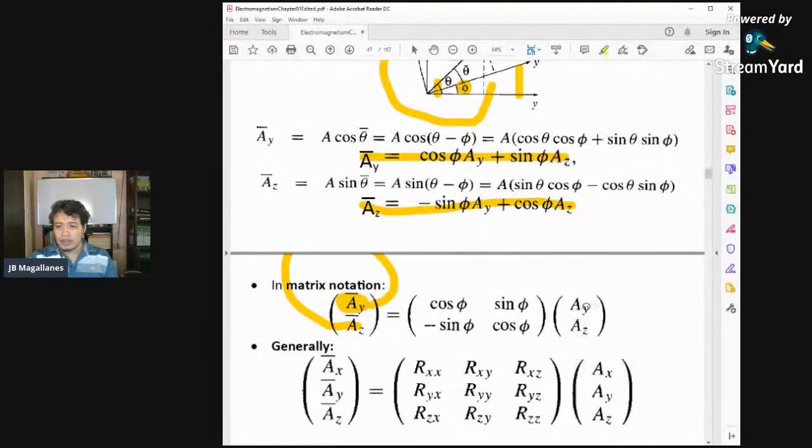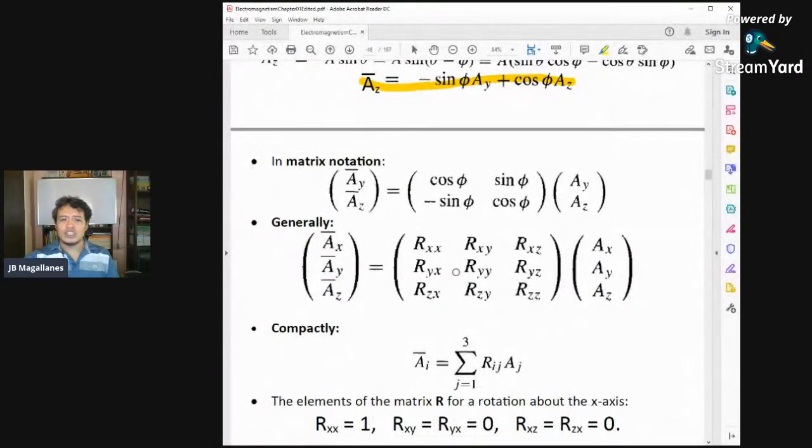If you multiply AY cosine phi, that's this one. And you multiply AZ sine phi, that's this one. And you multiply negative AY by sine phi, that's this one. And then you multiply AZ cosine phi, that is just this one. So everything you can always convert to matrix form.